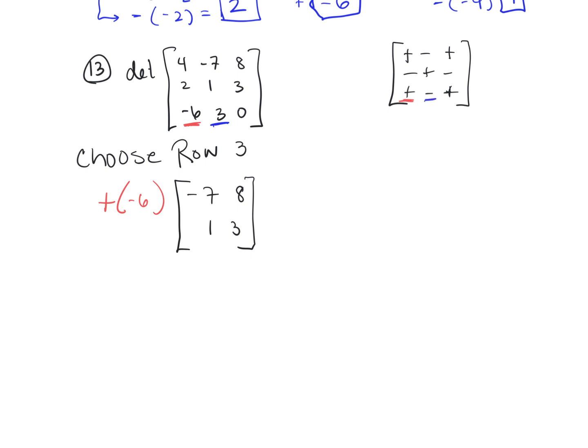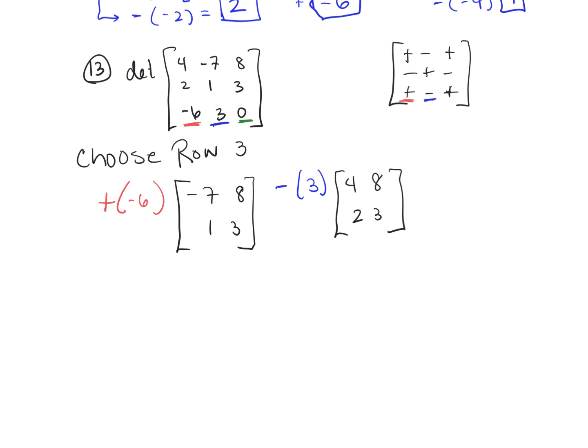Now, if I look in my sign matrix, I'll have my negative, then I'll have my element of 3, and 3 is in row 3, column 2. So when I cross out each row and column, I have left over 4, 8, 2, 3.